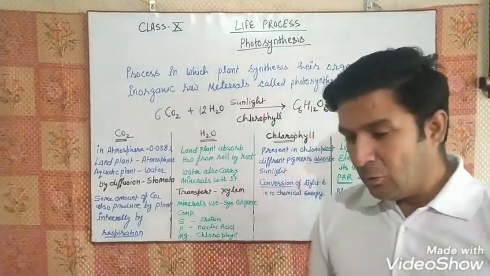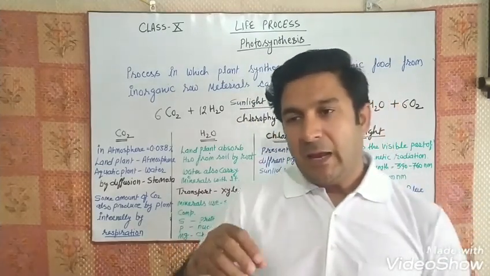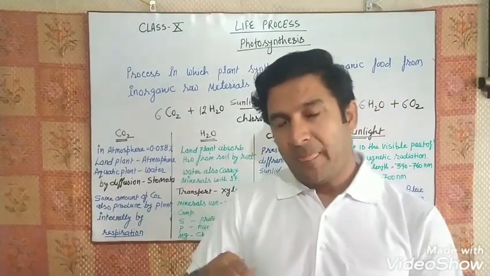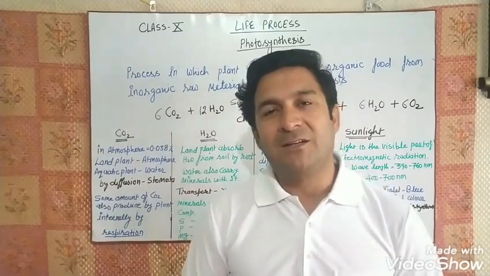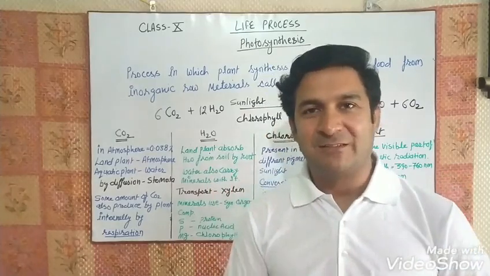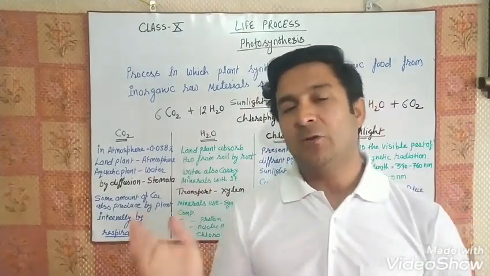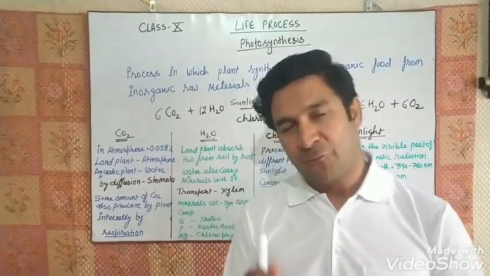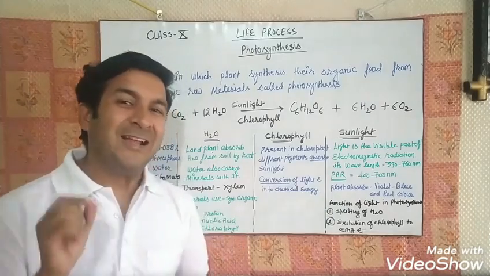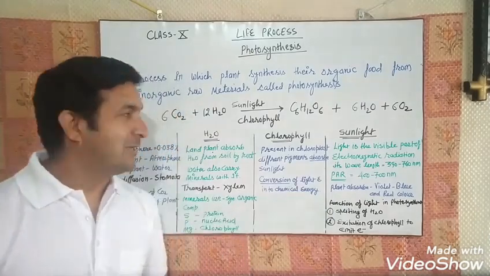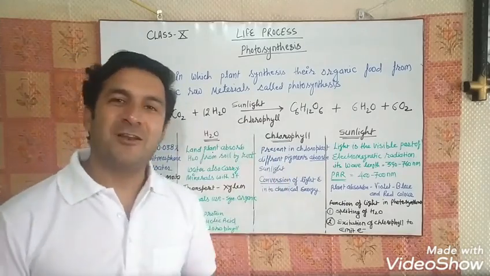Okay, now when the root absorbs the water from the soil, it transfers the water to all parts of the plant by xylem vessels. Xylem plays a very important role in the transportation of water from the root to the different parts of the plant. Now after it, we will discuss a very important colorful pigment of the plant. This is chlorophyll. Here you can see chlorophyll in the chemical reaction.